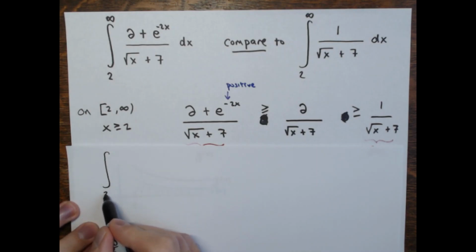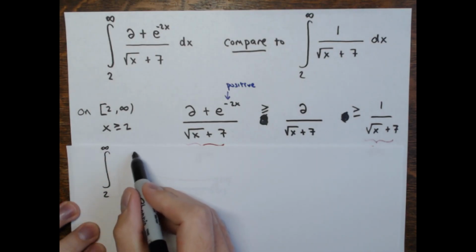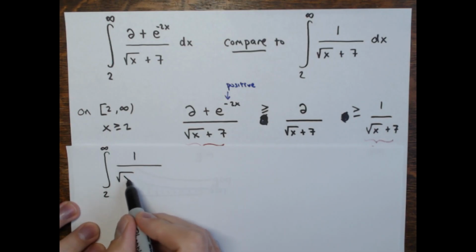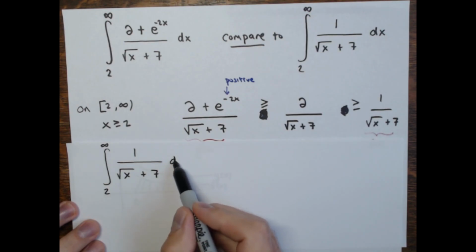We've got the integral from 2 to infinity of 1 over the square root of x plus 7 dx.